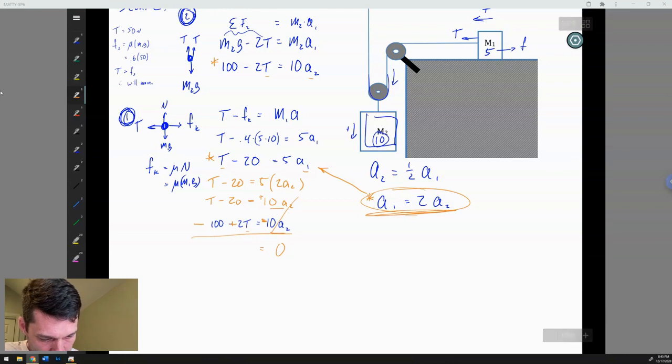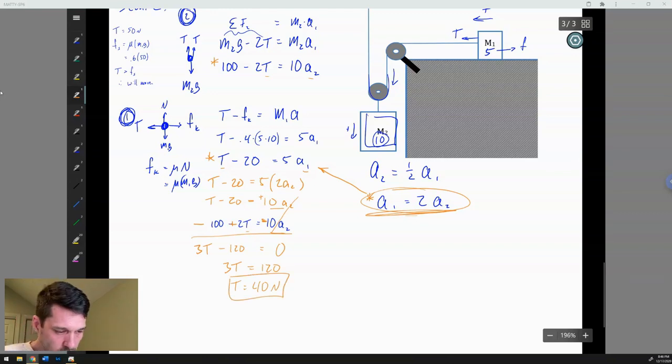I've got t plus 2t, so that's 3t, and I got negative 20 and negative 100, so 3t minus 120 equals 0, 3t equals 120, t equals 40 newtons. Fantastic. One thing down.